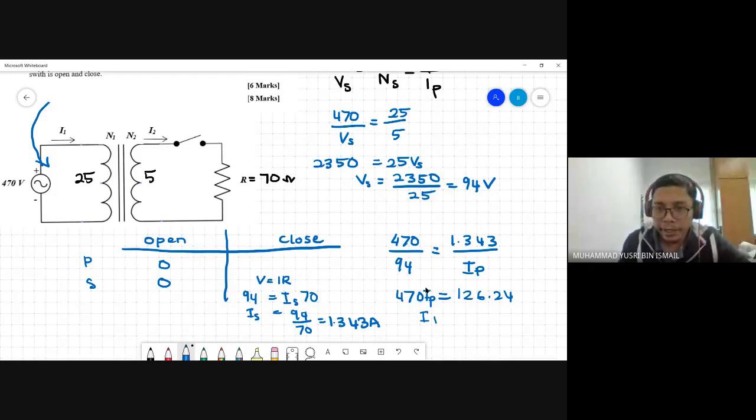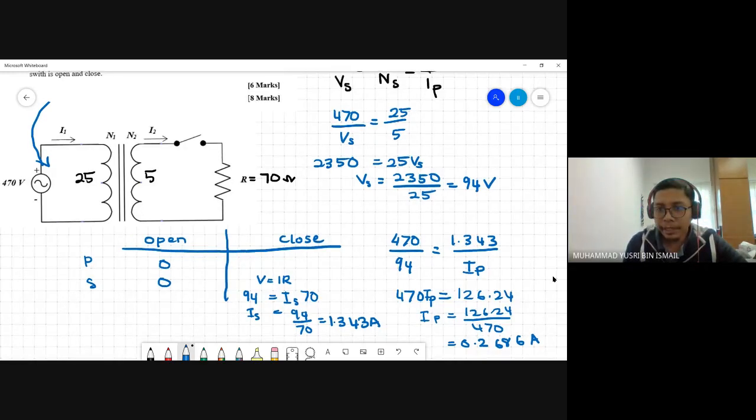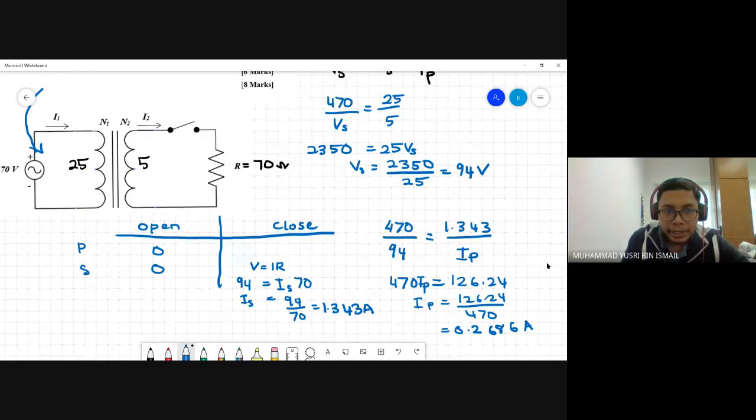So Ip, the current at the primary, is equal to 0.2686 ampere. 0.269, right, Farah? So the current at the primary is 0.2686 ampere.